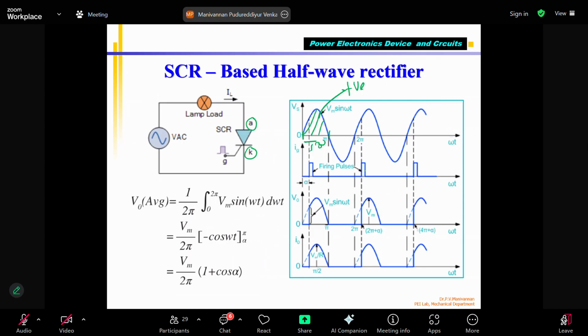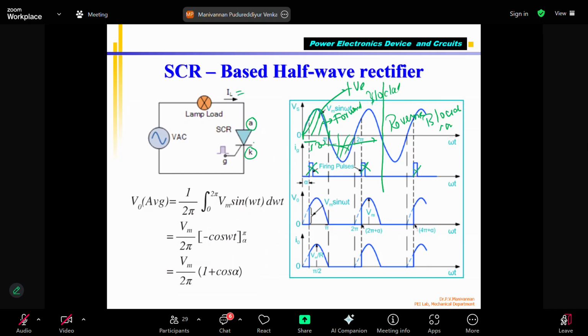It is going, but if I don't give these pulses, this is positive. This is called forward blocked condition. This is reverse blocked condition. So in one cycle, in both conditions, my SCR will not conduct.